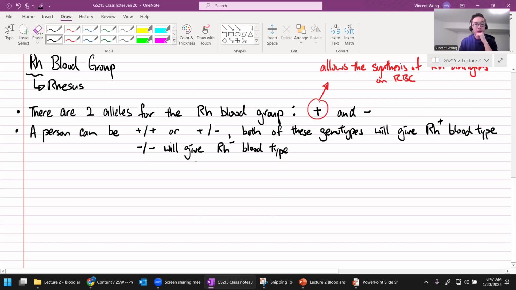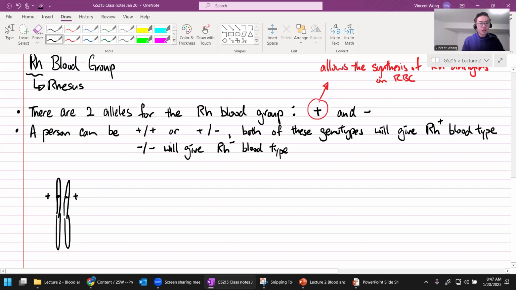Okay. So again, if this is the chromosome, and then the person will have the Rh gene. So let's say they have positive and positive here. This is the name of the allele. Positive allele and positive allele. What does it mean?